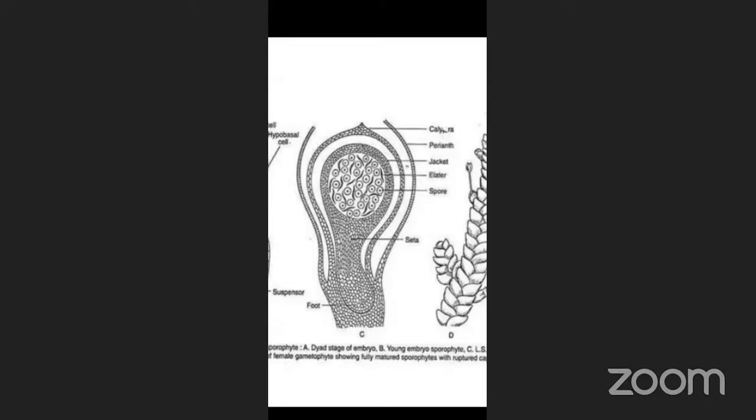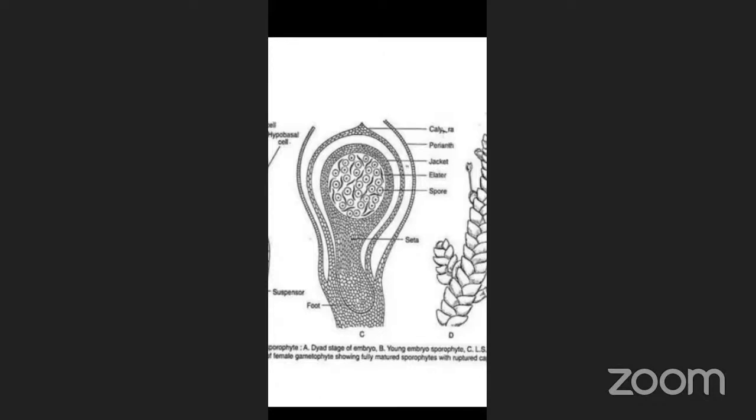So a very efficient mechanism develops for the spore dispersal structure in these elaterophores. This is the Pellia sporophyte.